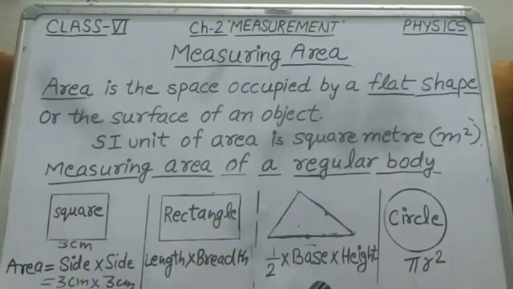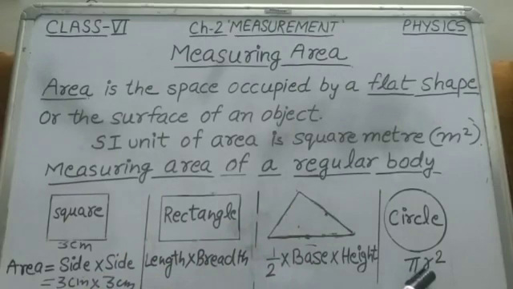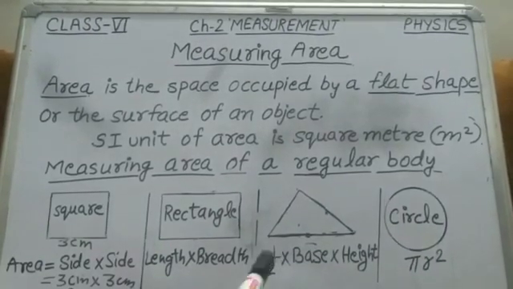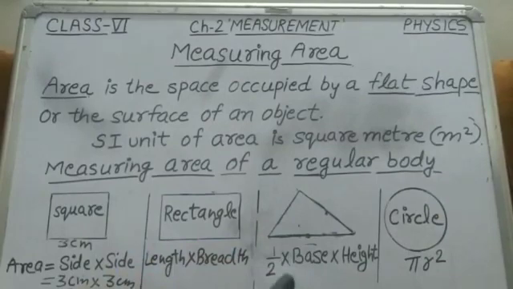And circle, for that the formula is area of a circle is equal to pi r square, where r is the radius of the circle. You all know what is radius. Okay, so r represents the radius of the circle, and pi, this you will further study in maths, and this time you have to remember this much.